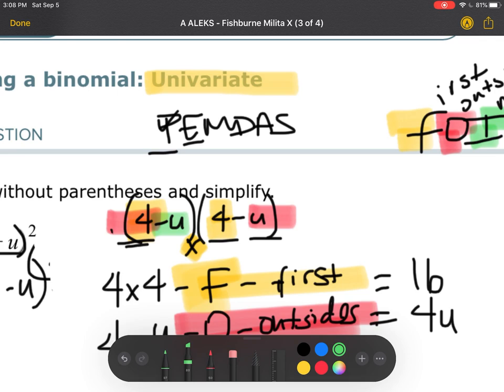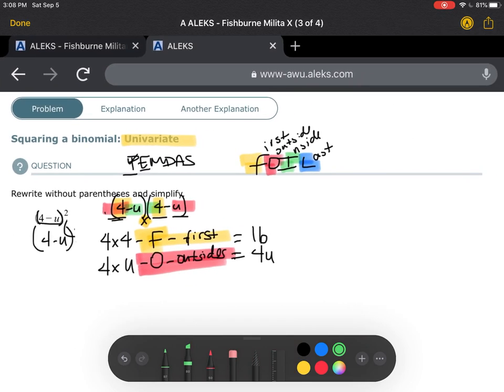The sign is whatever goes in front of the term or the variable that is there. So I have negative u and 4. Okay, so I'm going to say negative u times 4. That is the I for inside.